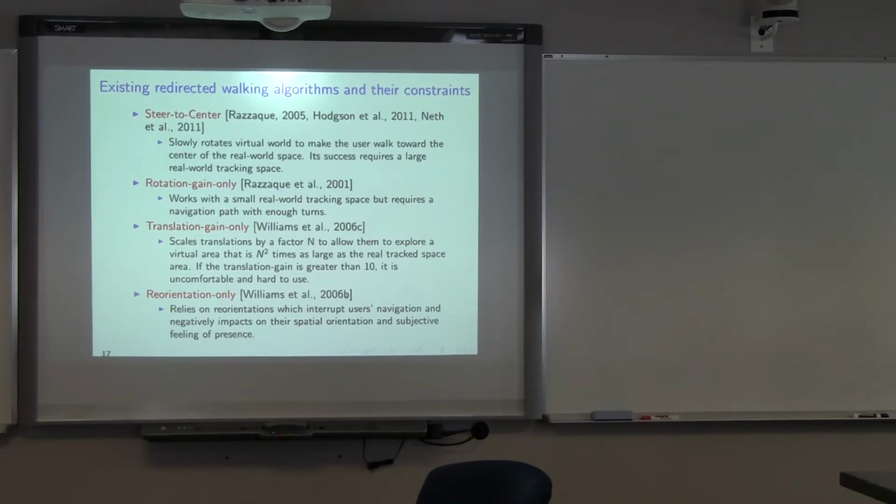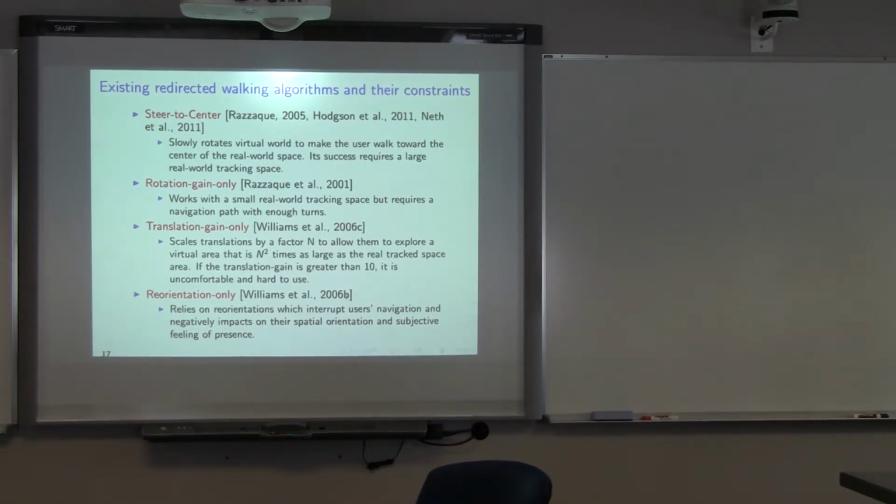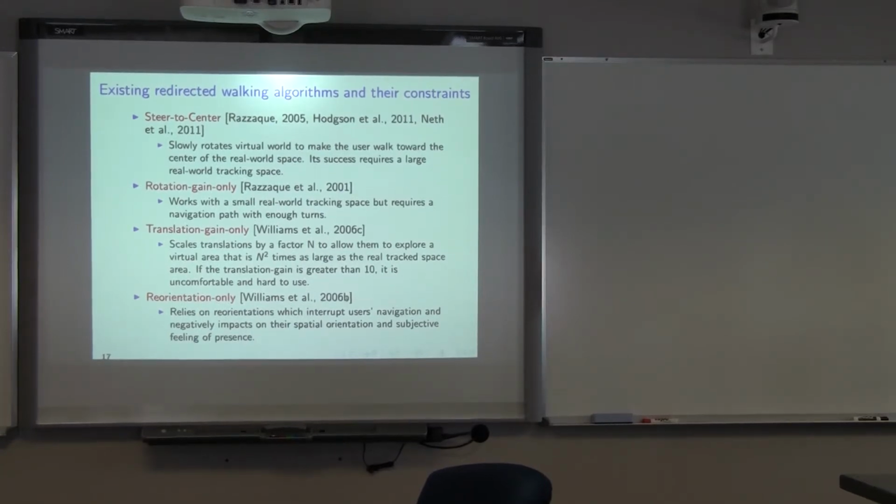The three traditional techniques are utilized in many different algorithms. I summarize them into 4 approaches. The steer-to-center approach uses curvature gains to always steer the user to the center of the real-world space.